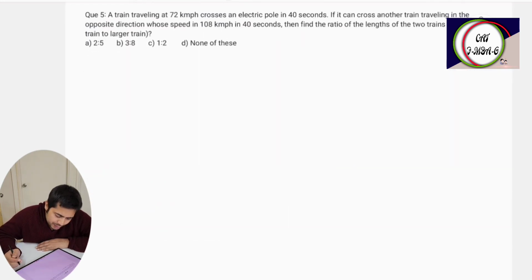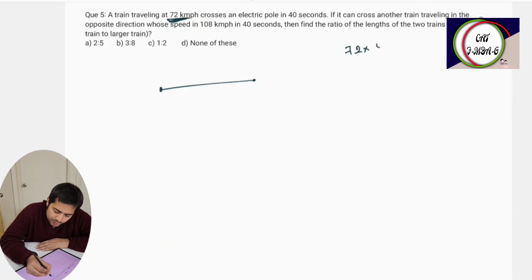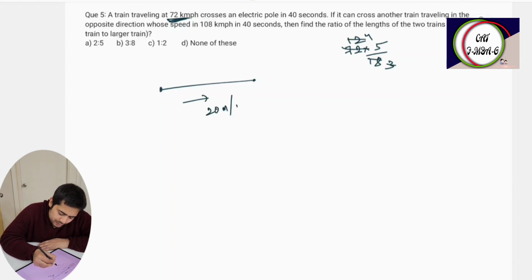Okay, a train traveling at 72 km per hour crosses a pole in 40 seconds, and another at 108 km per hour. So 72 km per hour, 72 into 5 by 18, so the train is traveling at 20 meters per second.